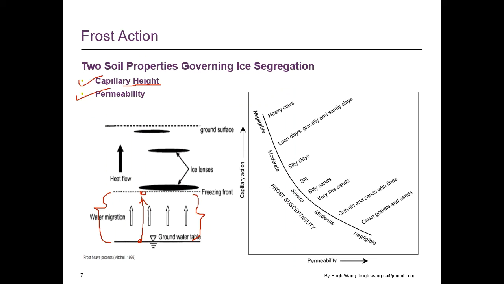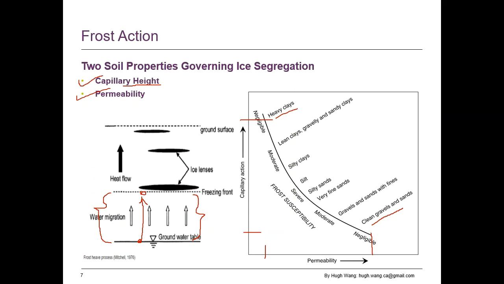The chart on the right illustrates these two factors. For clays, it has a high capillary action but a low permeability. For the clean gravels and sand, it has a high permeability but a low capillary.